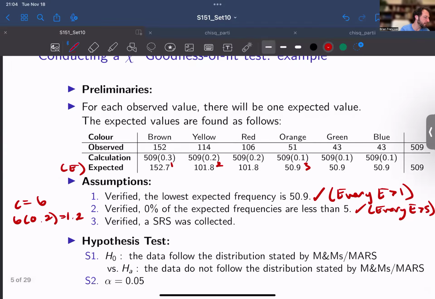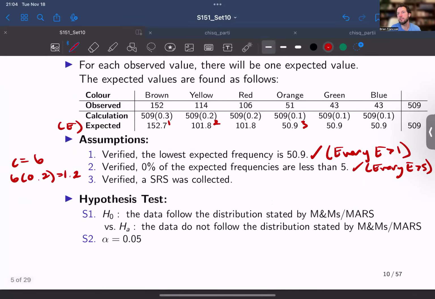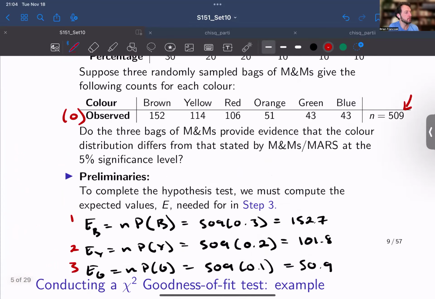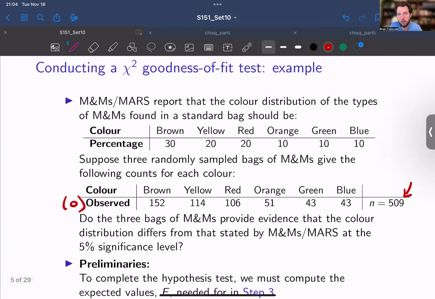Okay, so the test itself, step 1. So again, the null hypothesis is just that whatever the distribution is that is stated or assumed to be true, that distribution actually will hold. And the alternative is simply that that distribution is not going to hold. So in this case, the distribution that we are testing against is the probability distribution given at the start of the problem.